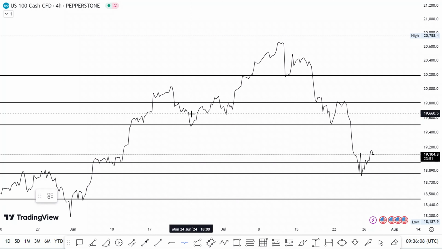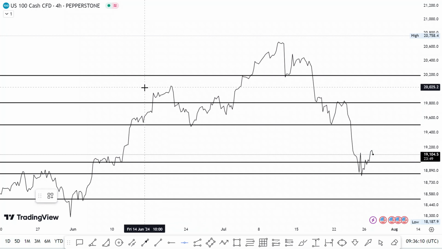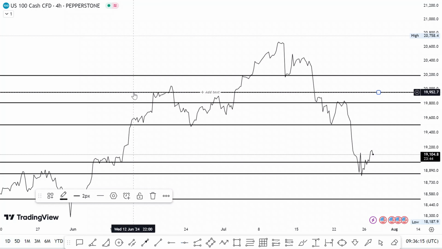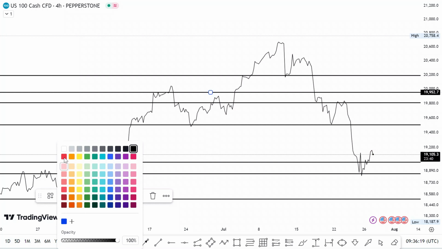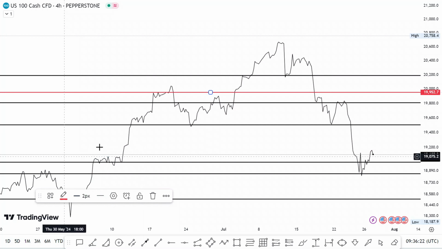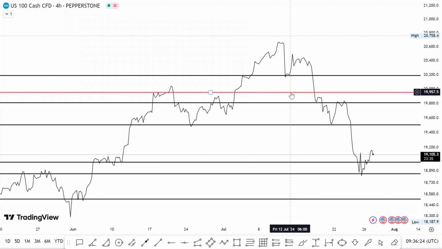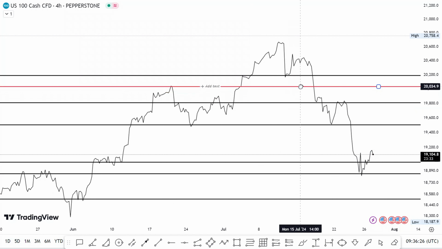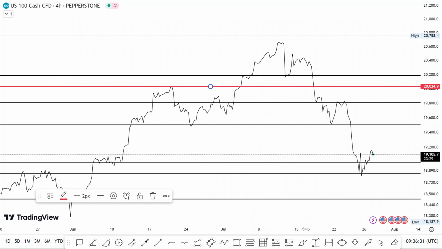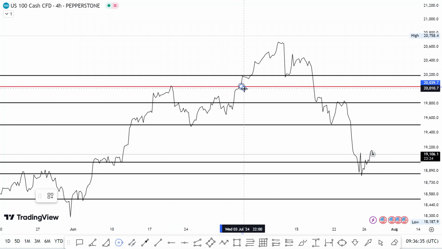Okay, let me show you what I'm talking about. For this level, this will be my first support and resistance level. On the 4-hour time frame, I will change the color to red for me to understand them. I'll pick my first one here, because if you look at this area, the market pushed down a little bit.